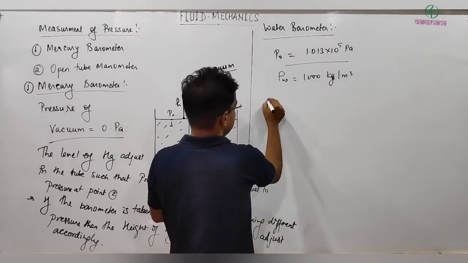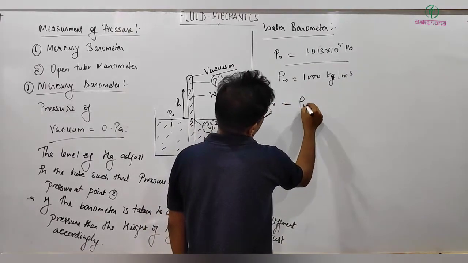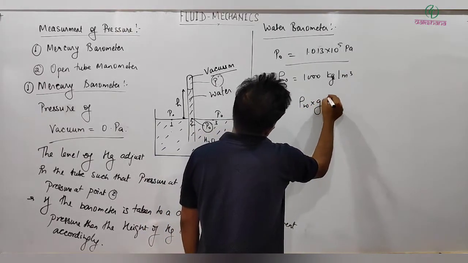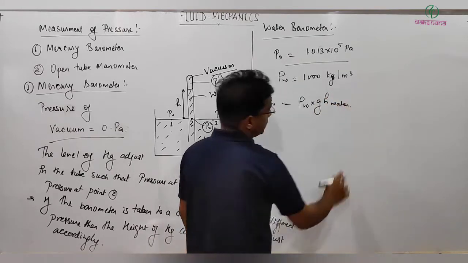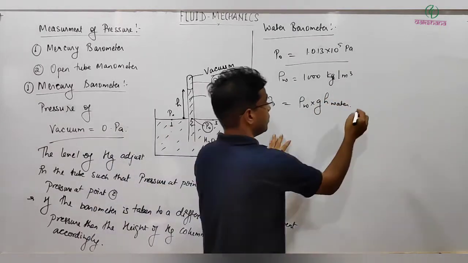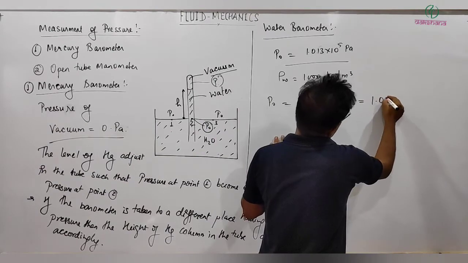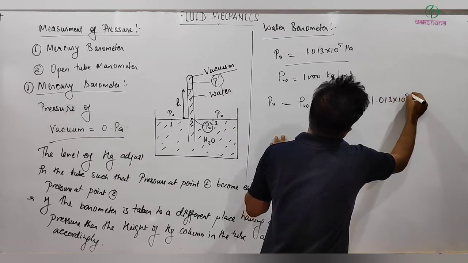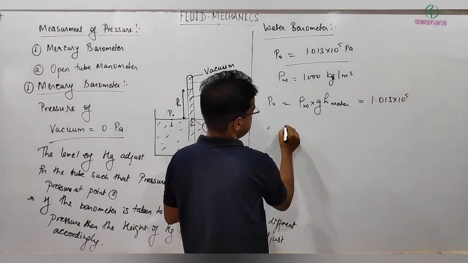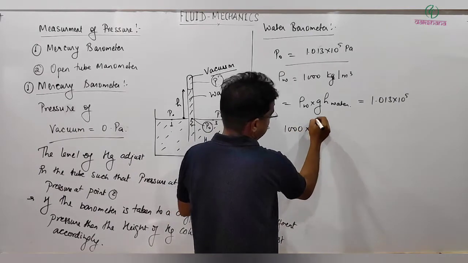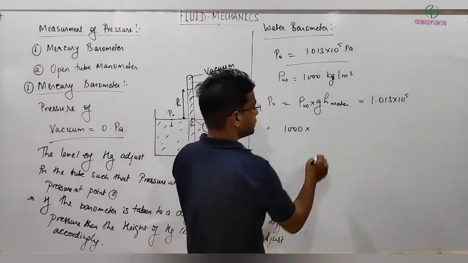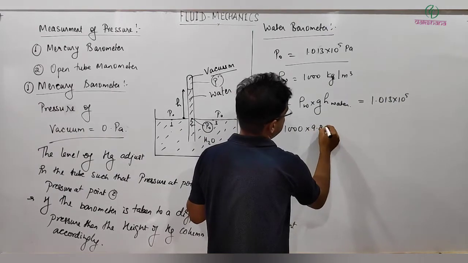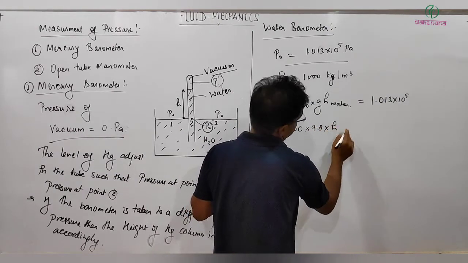So P naught will be equal to rho water into G into height of water column, and this should be equal to 1.013 into 10 raised to power 5 Pascal. Let me substitute: 1000, G is 9.8, and H is the height of water.